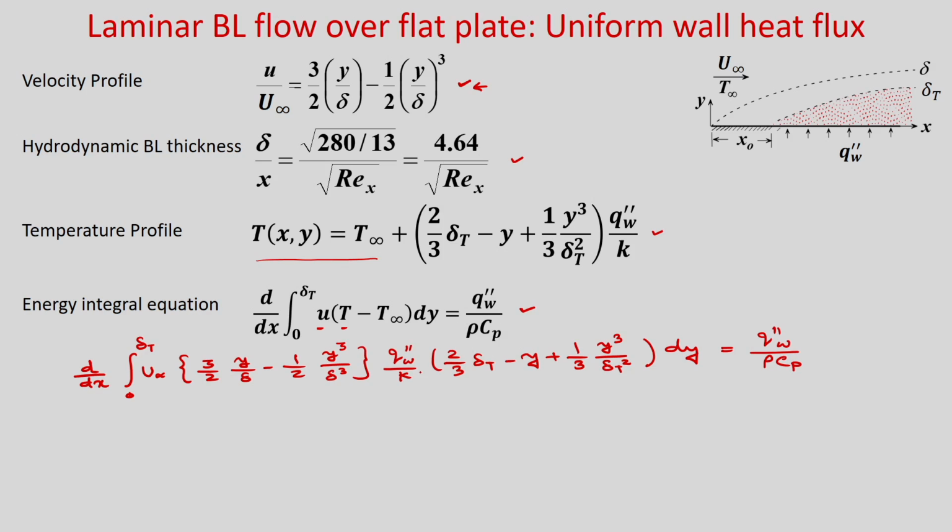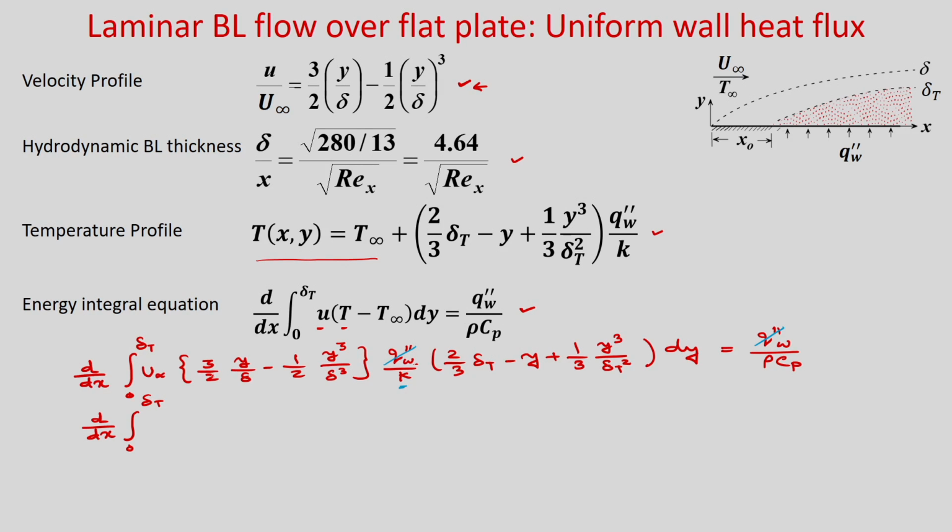So, in this expression you can see q double prime w is constant. So, this q double prime w you can take outside the integral and you can cancel it, right. So, this q double prime w can cancel, and this k you can take to the right hand side. So, in the next step we can write d/dx, integral from 0 to delta_t.